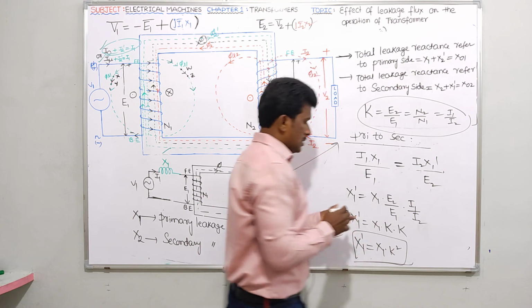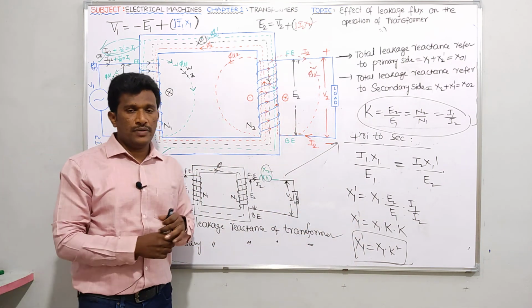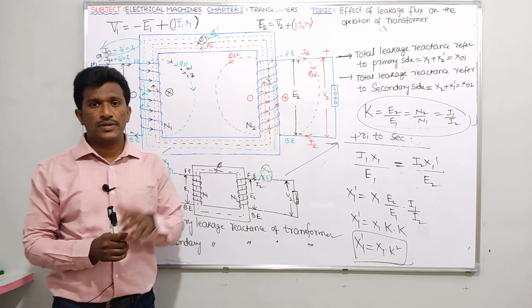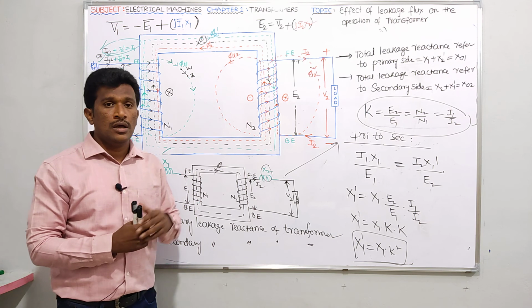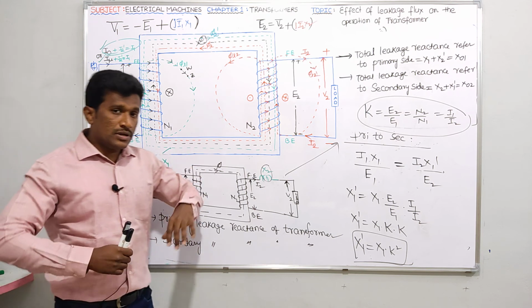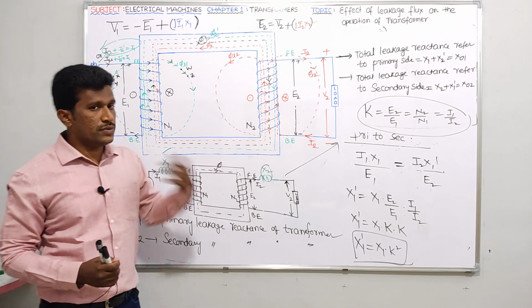Okay guys, in a previous video, we had seen the effect on a transformer as a constant flux device. Before that we explained the effect of winding resistance. After discussing the effect of winding resistance, now we discussed the effect of leakage flux.